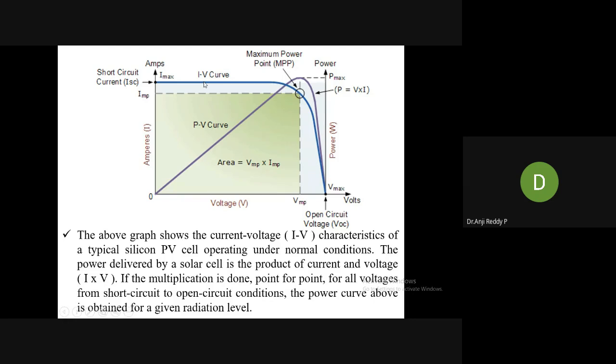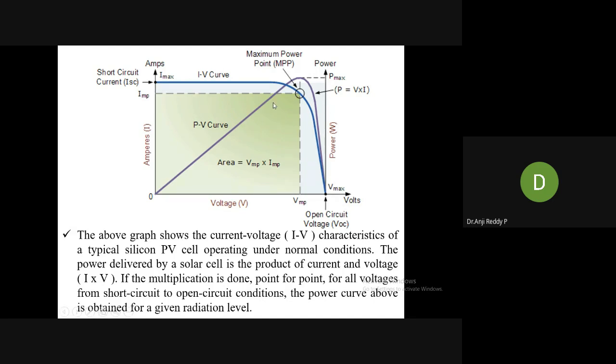The power delivered by a solar cell is the product of current and voltage. Multiply current and voltage at each point, and you will get the power for all voltages from short circuit to open circuit. This is the power curve.